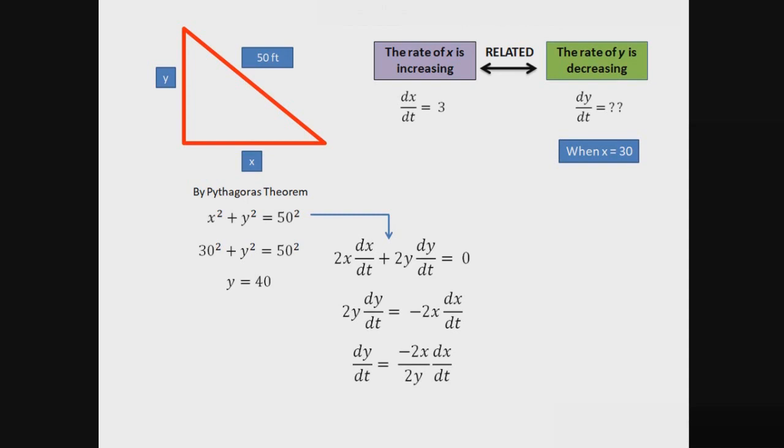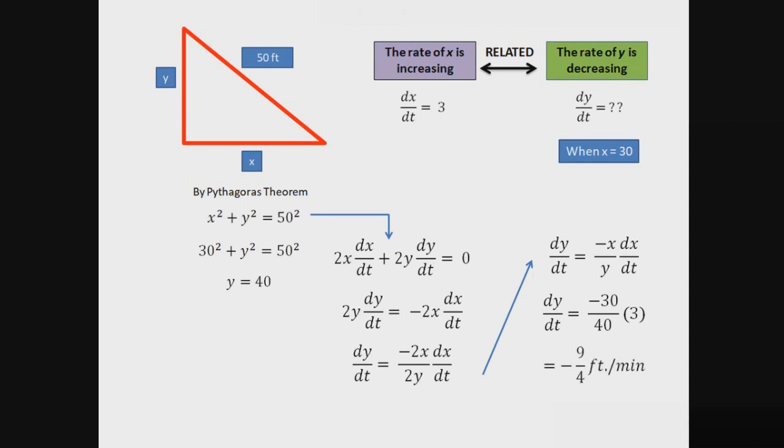We cancel out the 2, and we get dy over dt is equal to negative x over y times dx over dt. Substitute the x value and y value, negative 30 over 40, dx over dt is already given, which is 3, so we get the final answer is negative 9 over 4 feet per minute.